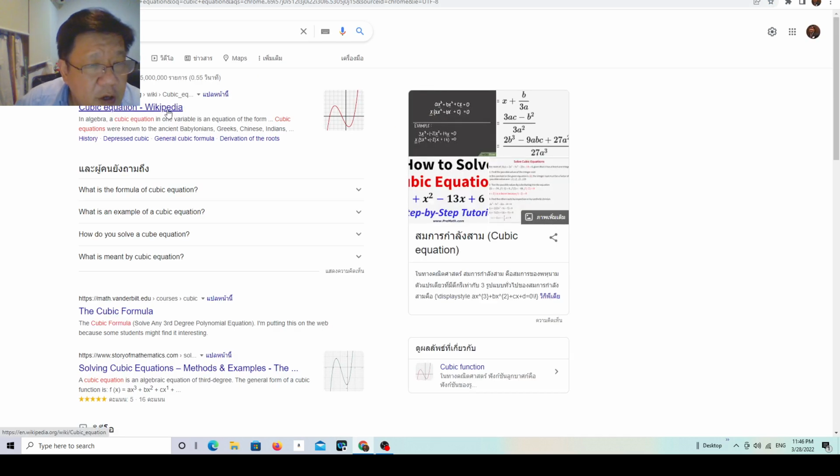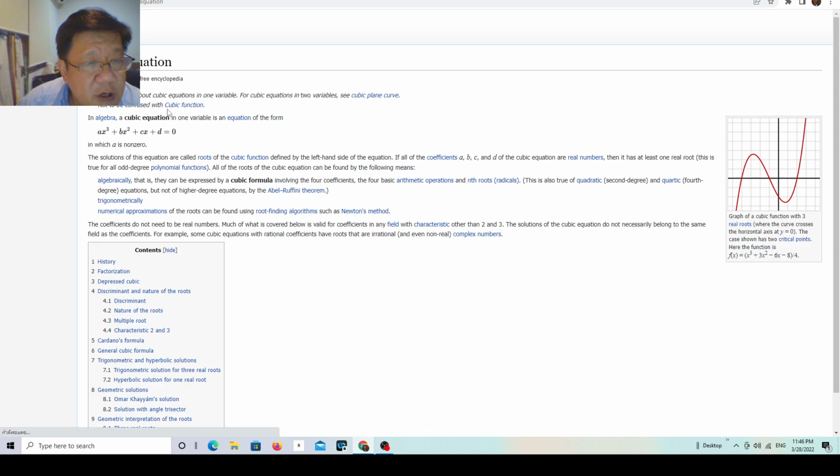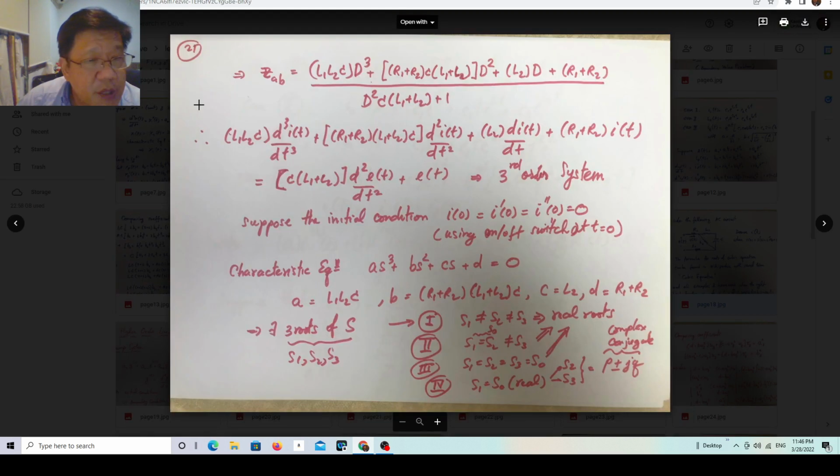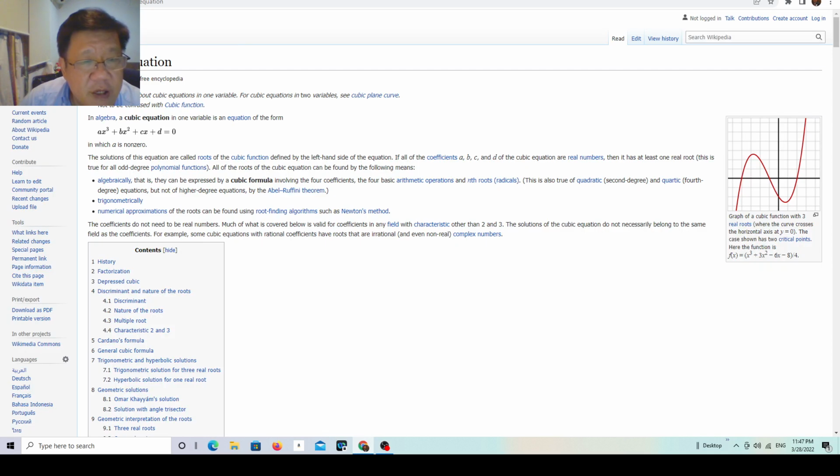So this one you have the Wikipedia cubic equation. Yeah, this is a similar form, right? ax to the 3 plus bx to the 2 plus cx plus d equal to 0. It's the same, we just replace x by s here. The same type of equation.